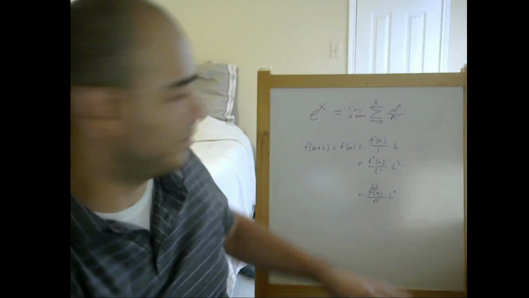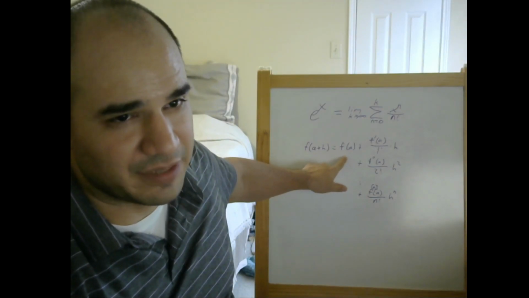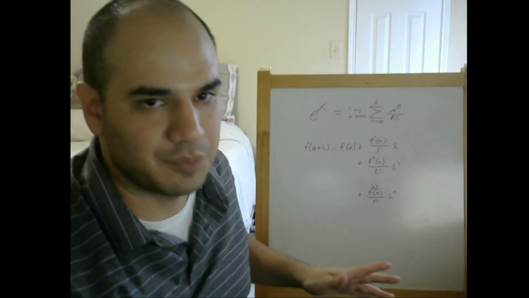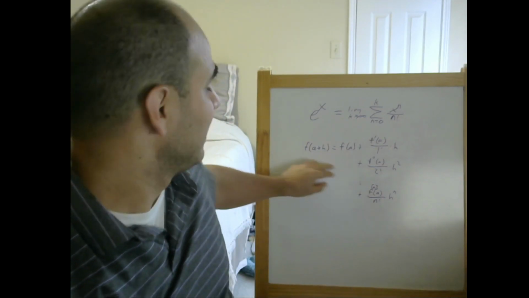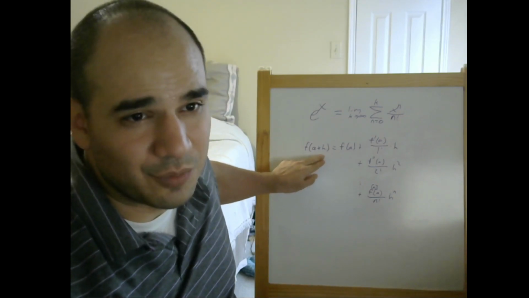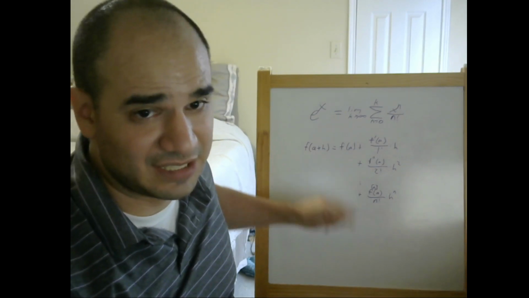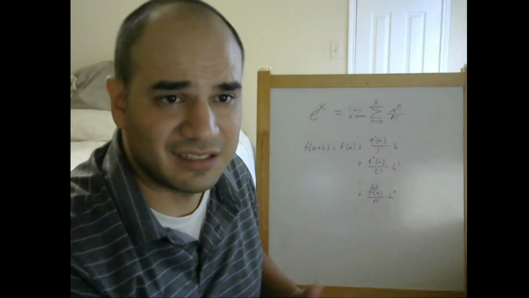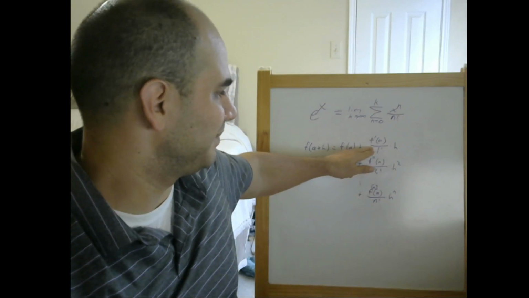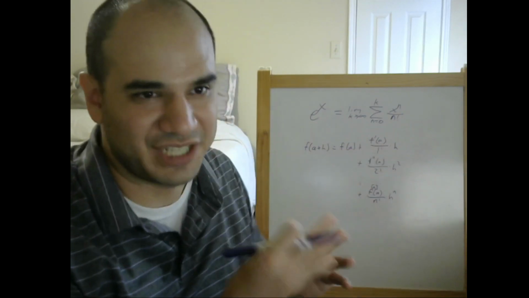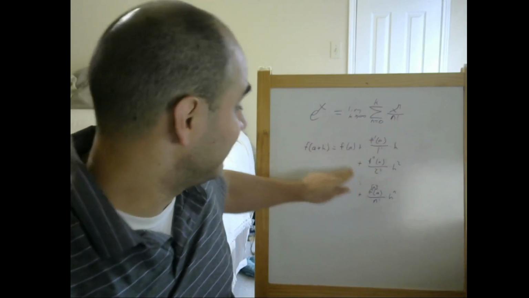And that gives you this general form where you have some known value, a value that you know at some point in time, and we'll call that value f of a. And then you want to know where it's going to be at some value f of a plus h. And so you have some knowledge of what's going on here. You know that it has a first derivative at that known point.